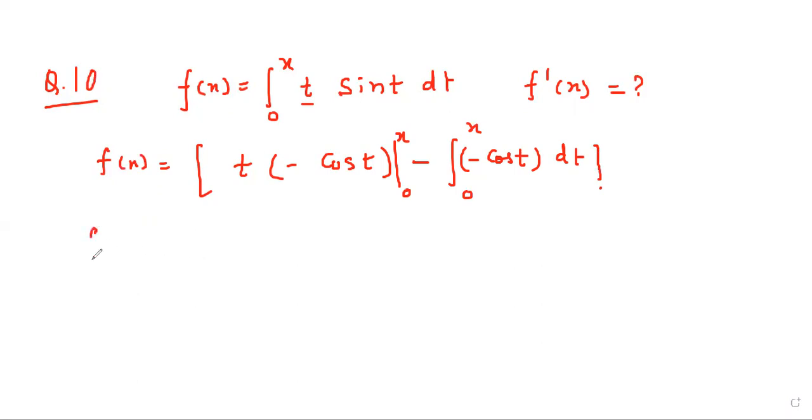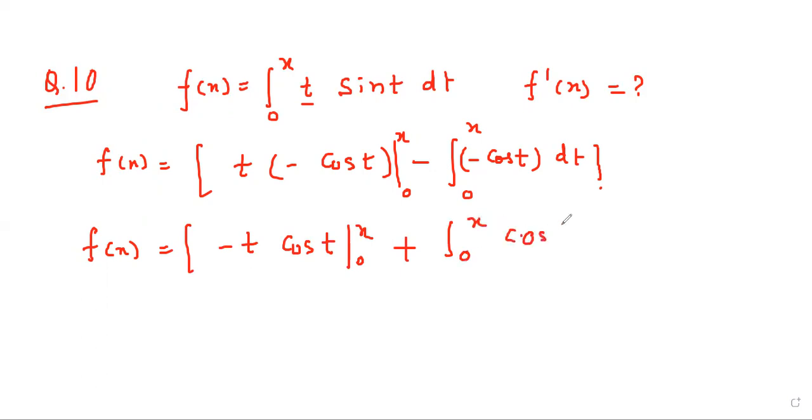Now further, f of x equal to minus t cos t, limits 0 to x, minus, this minus minus will become plus, integration 0 to x cos t dt.